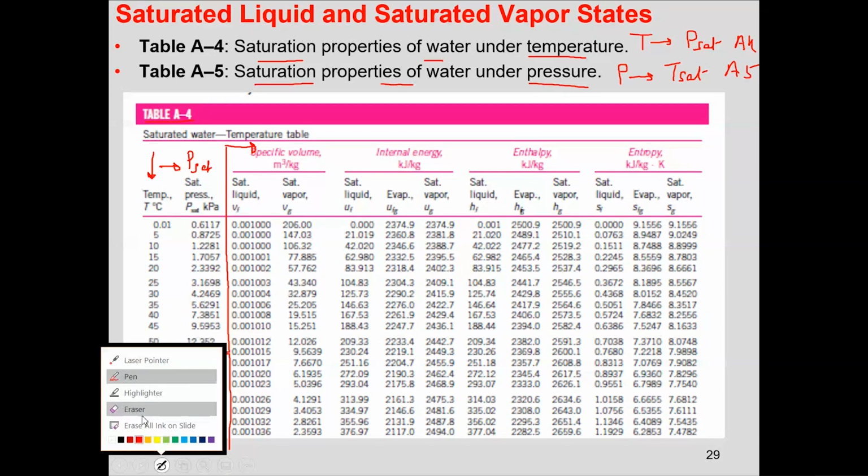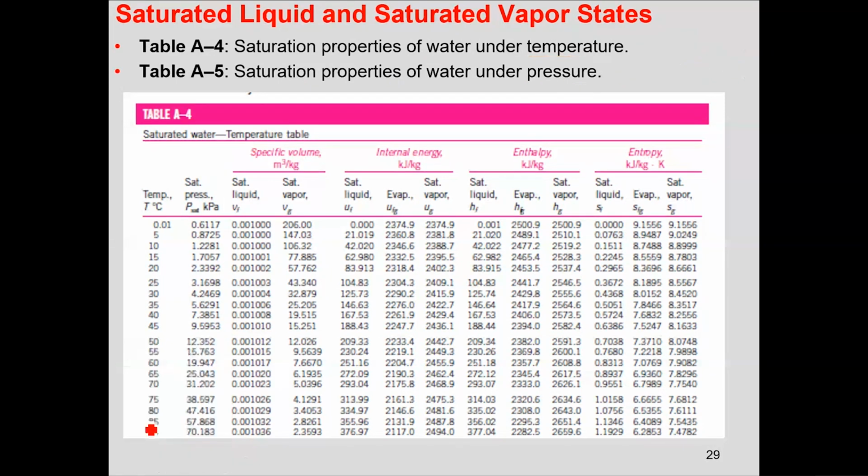Yes, sir. All right. Now the next column is of specific volume. The rest of the columns are the same for A4 and A5. The values may not be the same, but the column headings are the same. For specific volume, the first column is given for saturated liquid and the second column is given for saturated vapor.